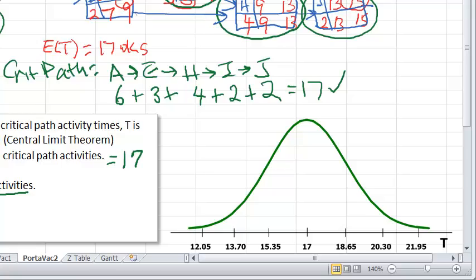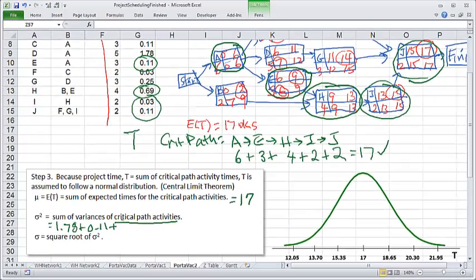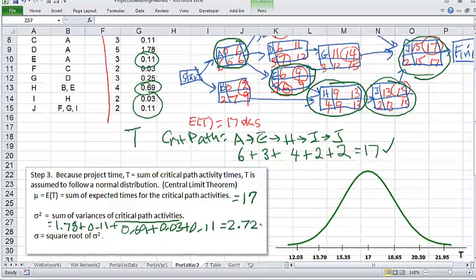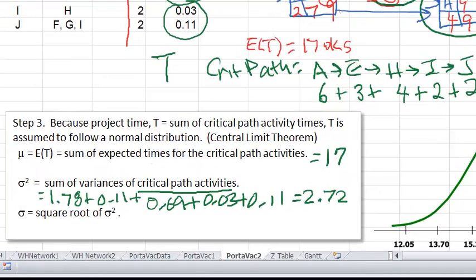1.78 plus 0.11 plus 0.69, 0.03, 0.11. So 1, 2, 3, 4, 5. Add them up. That gives us 2.72. Okay. Now to get the standard deviation, all we need to do is take the square root of this number.